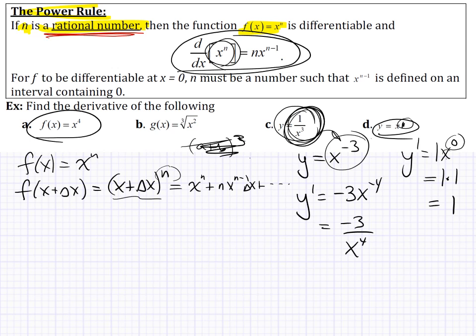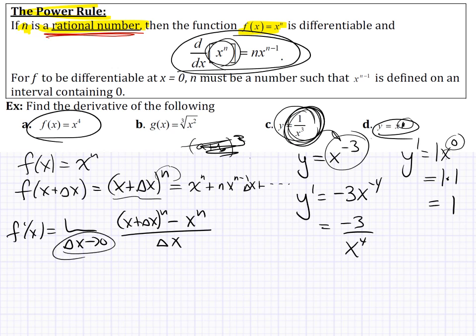Long story short, if we plug that into the derivative formula, the limit as delta x goes to 0 of x plus delta x to the n minus x to the n all over delta x, what we're going to see is that after we simplify it and cancel and take the limit as delta x goes to 0, it ends up turning into nx to the n minus 1. It's no coincidence that you see that sitting right here in some of the product that I multiplied out.